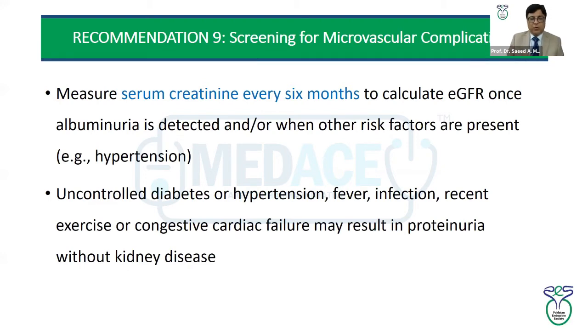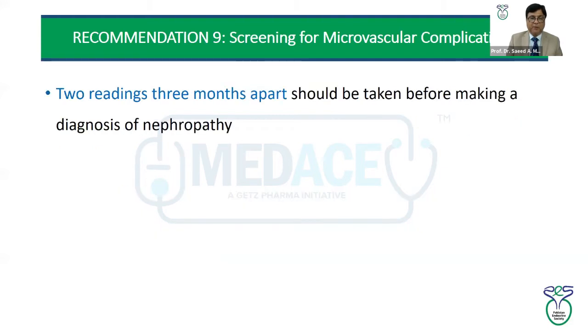Uncontrolled diabetes or hypertension, fever, infection, recent exercise, and congestive cardiac failure may result in proteinuria without kidney disease. So when looking at proteinuria, we must consider the other factors that can cause it before labeling this patient as having nephropathy.